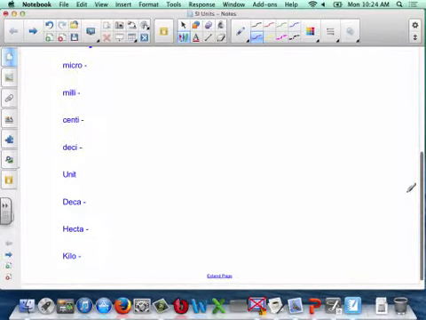So here we have a whole list of prefixes. Now, when we start moving the decimal, it's all going to be relative to the unit. Remember, that's our meter, our gram, and the liter. That's our unit, and then the prefix goes in front of that.